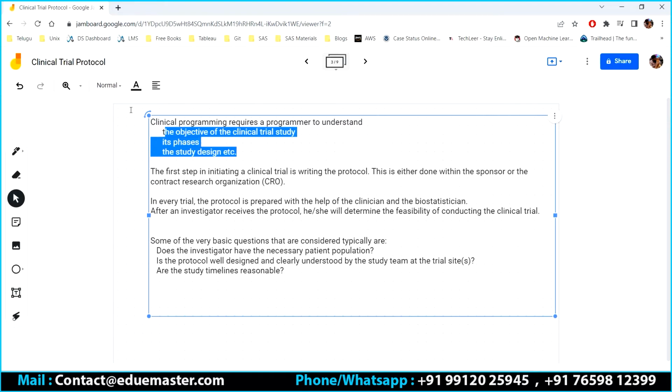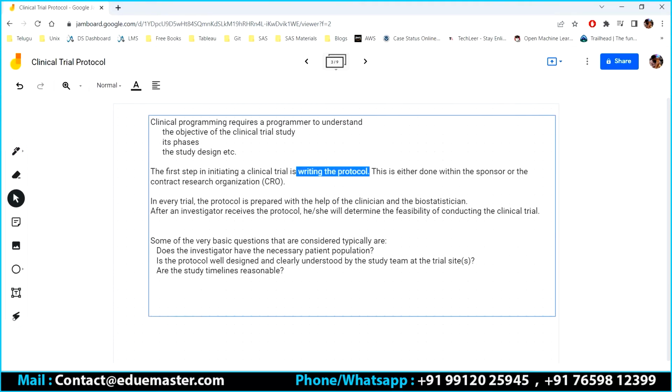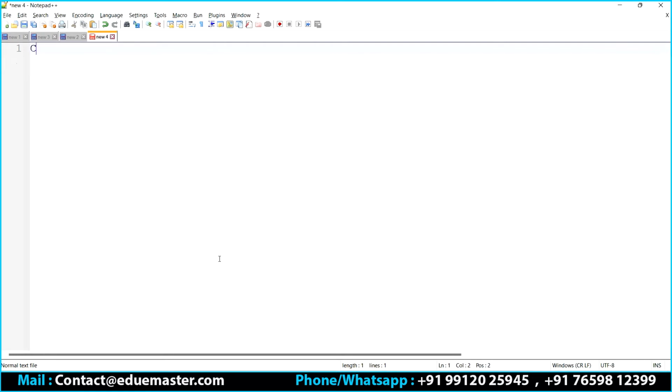So the first step in initiating a clinical trial is writing a protocol. What is the first thing? We need to write a clinical trial protocol, or I can say that any clinical research will start with this particular one. It is the entry step for any clinical trial.